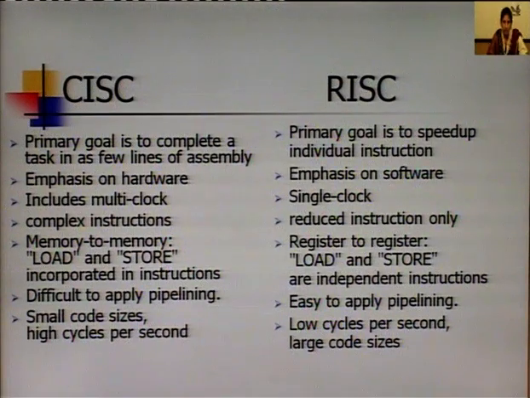In CISC, load and store are independent instructions. In CISC architectures it is difficult to apply pipelining. We will study what pipelining is in the next slides. It is easy to apply pipelining in RISC systems. CISC has small code size and high cycles per second, and RISC has low cycles per second and large code size.